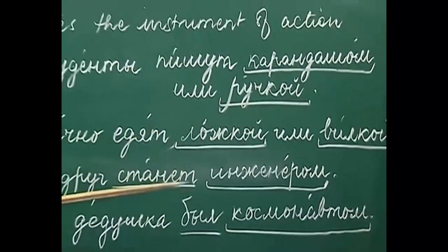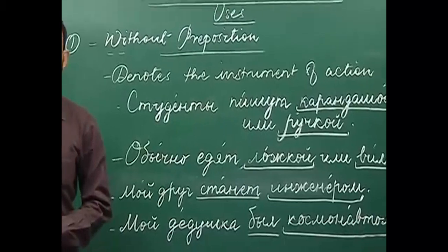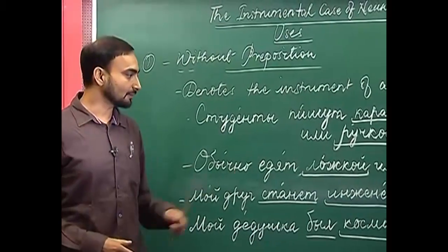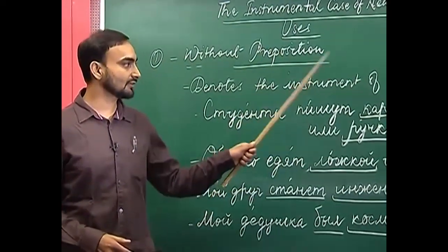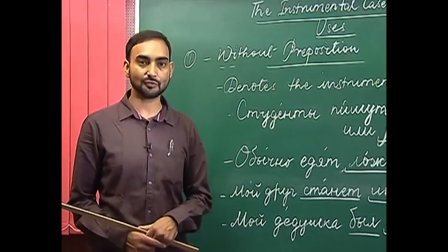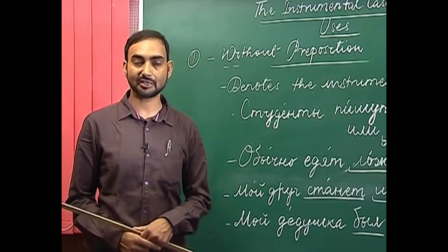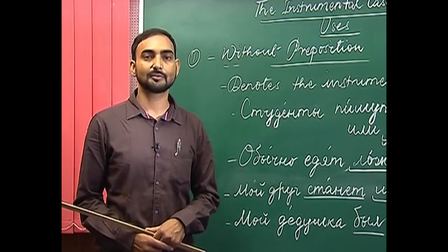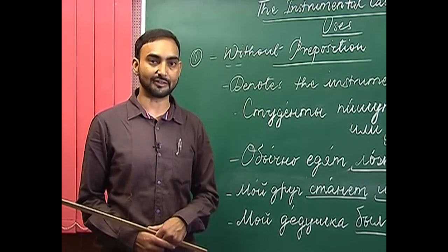These are the two uses of the instrumental case without a preposition. Now we will move on to the next use, which is with the preposition с. С is a preposition which means with.